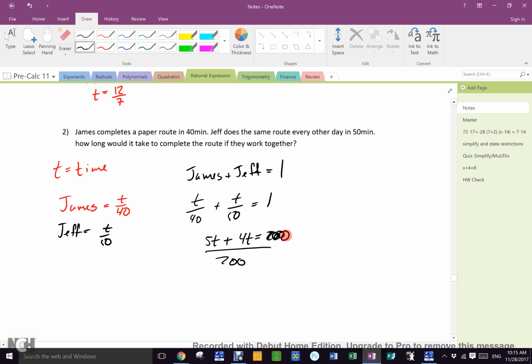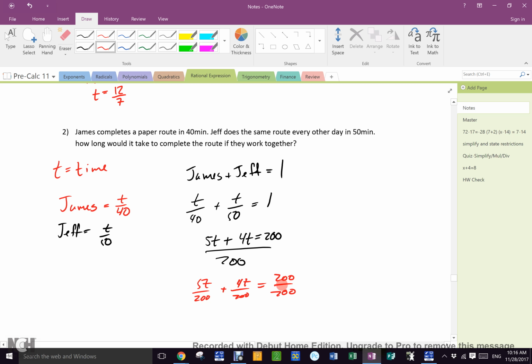Now, does everybody understand what has happened here? Because this is 5t over 200 plus 4t over 200 equals 200 over 200, right? T over 40, t over 50, and 1. Does everyone see it? Great.